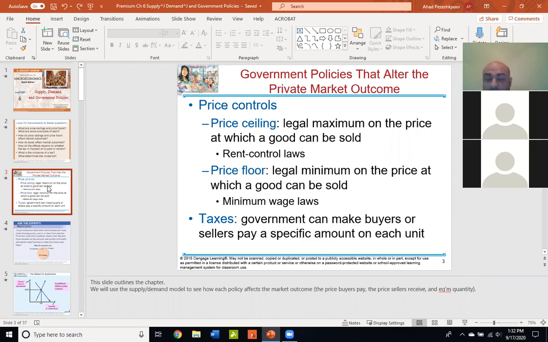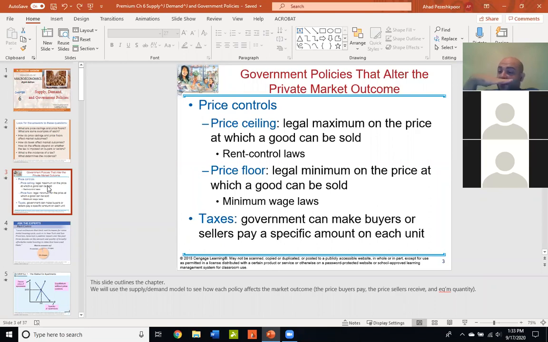Price floor is the opposite. I would introduce a legal minimum on the price at which a good can be sold. For example, the minimum wage law. Remember, in the labor market, we are the suppliers. We rent our time, our labor, our talent, our skills to corporations, and they hire us.